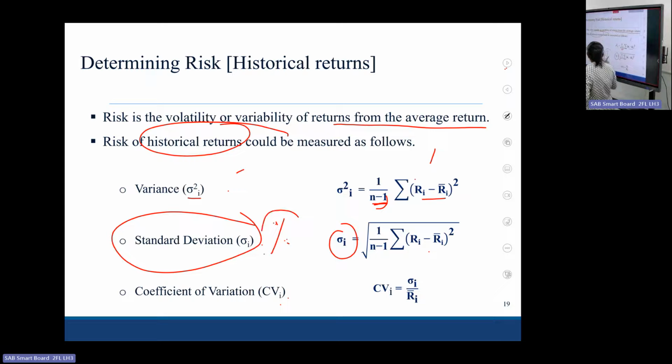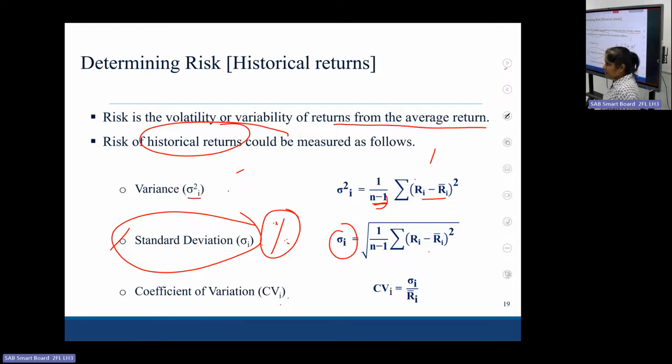So interpreting the standard deviation is easier than interpreting the variance. Therefore, in financial management, we more frequently use standard deviation to identify the risk. But anyway, you have to calculate variance, because the square root of the variance is the standard deviation.